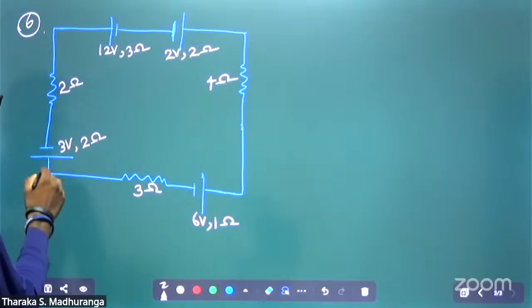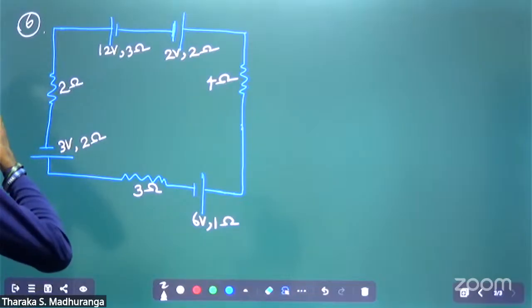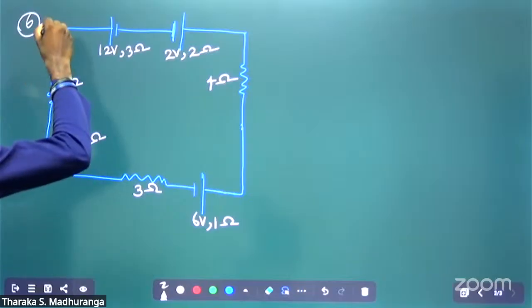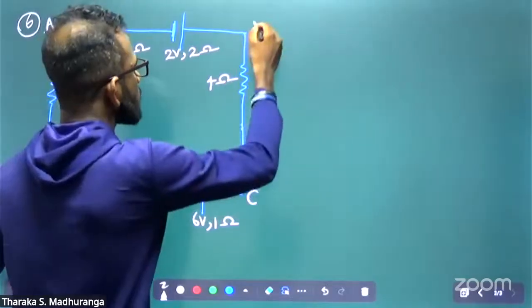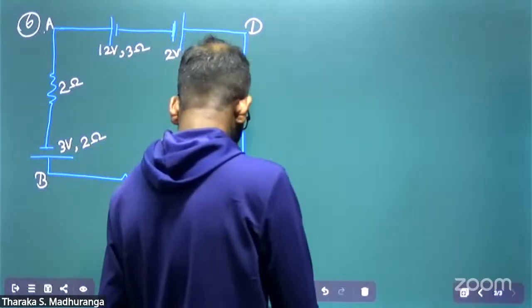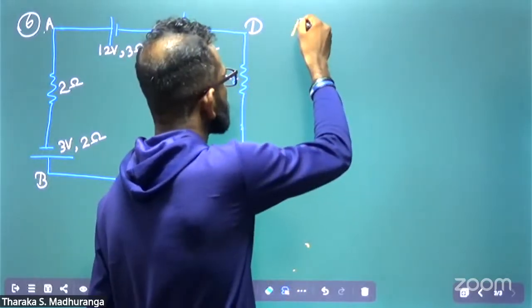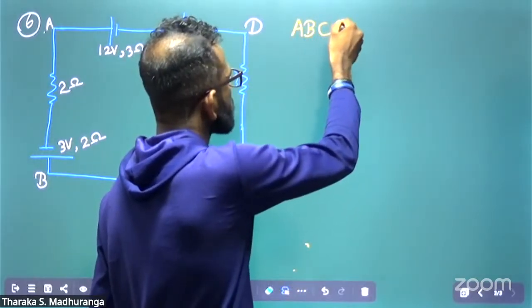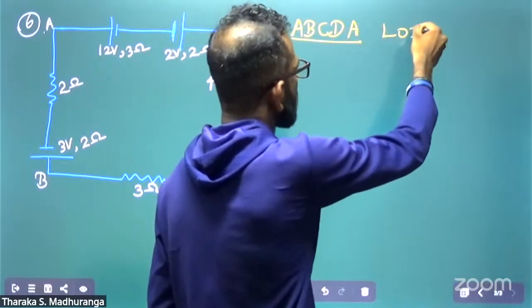Mark the loop coordinates as A, B, C, D here. Then you can get Kirchhoff's second law for the A, B, C, D, A loop. Right.